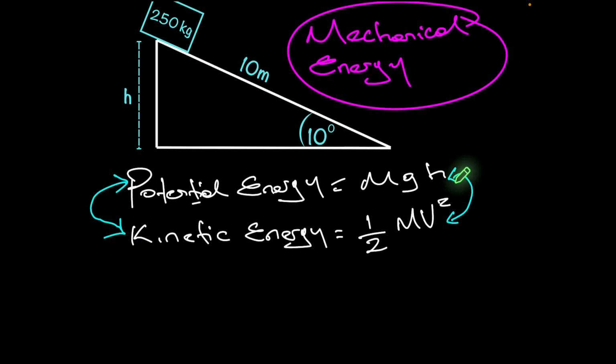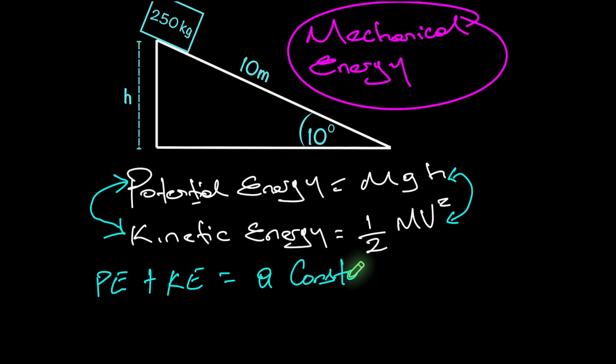And what that means is at any point, if we were to sum up the potential energy that we have plus the kinetic energy that we have, then we're always going to end up with a constant value. Meaning we will keep getting the same end result.